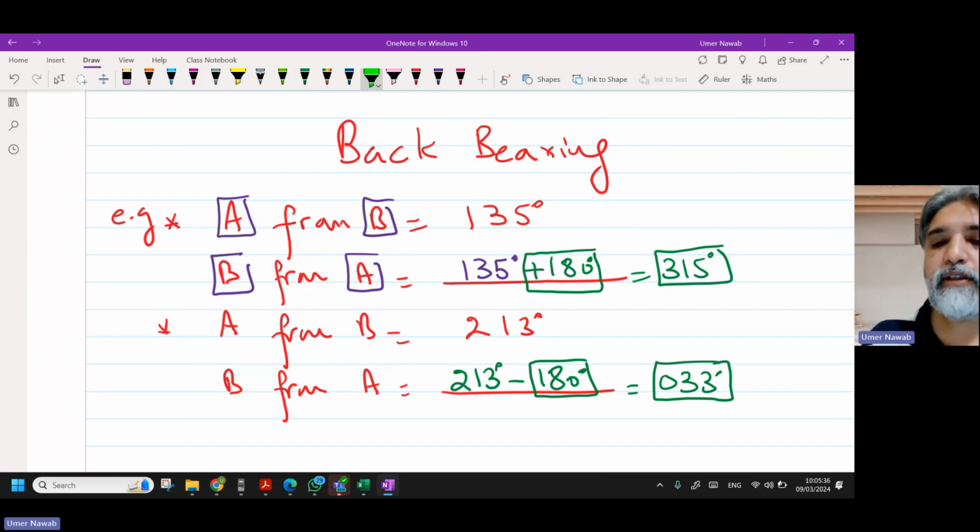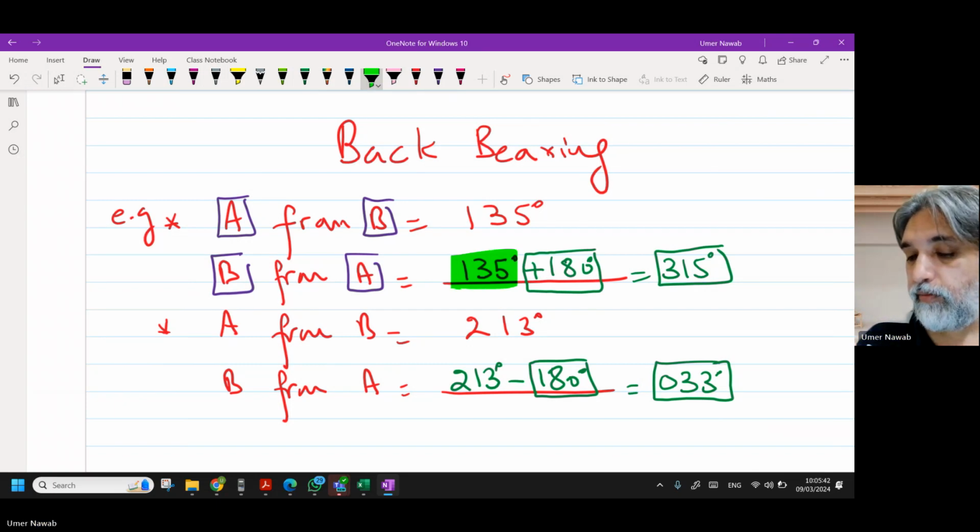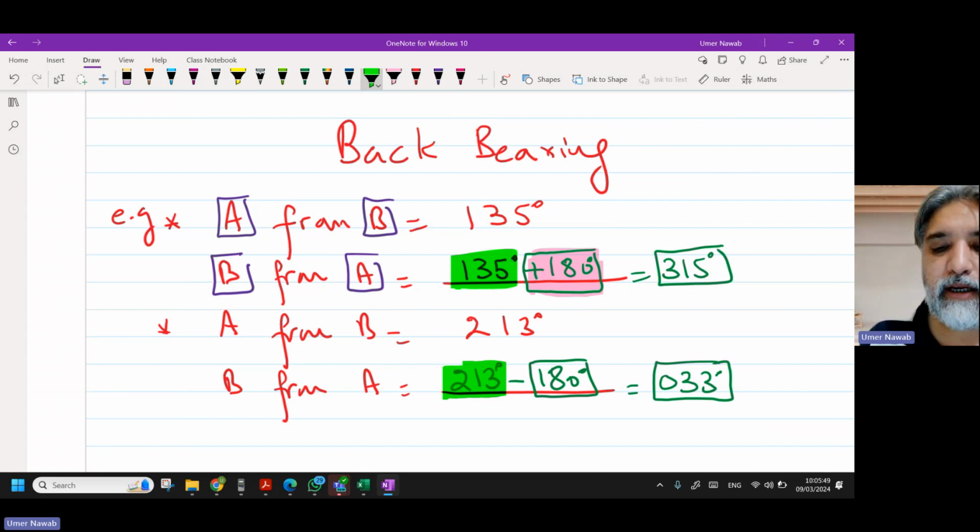In the back bearing concept, if you have an angle less than 180, you should add 180. And if your angle is bigger than 180, you cannot afford to add 180. Rather, you should subtract 180 to get your back bearing.